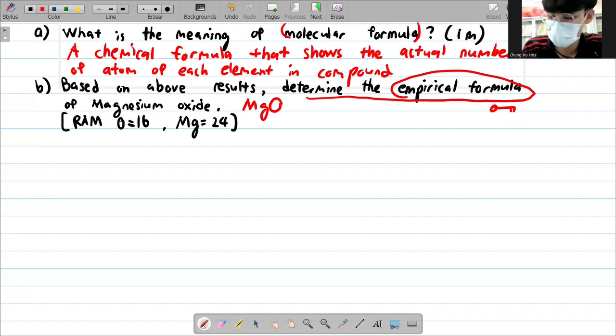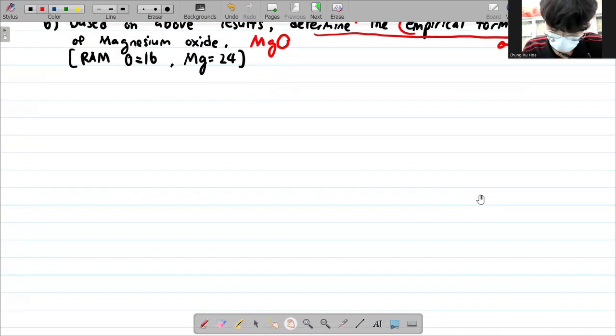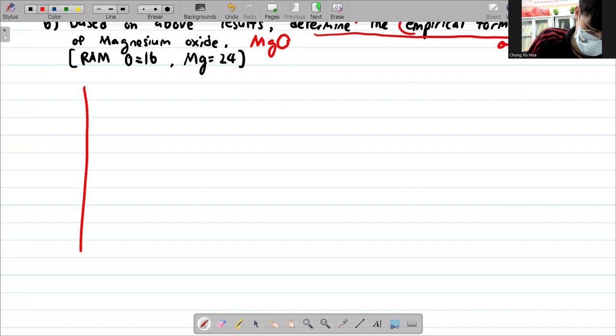For example, carbon is 12, oxygen is 16, magnesium is 24, hydrogen is 1. But sometimes SPM will provide. I wouldn't promise that, but usually they will provide. So of course, to determine the empirical formula, the whole world knows that we need to do the table. So let's start by doing the table.